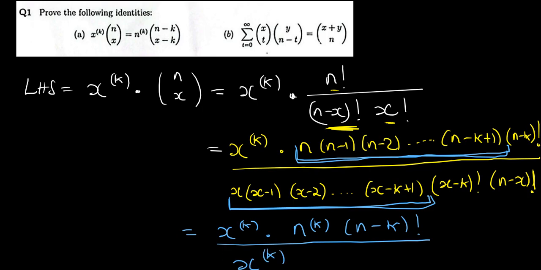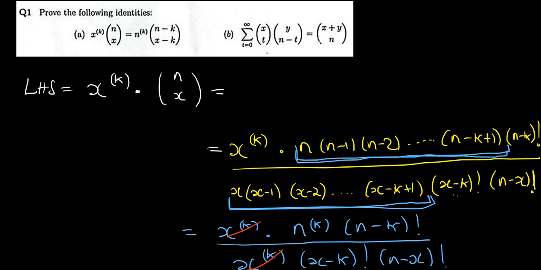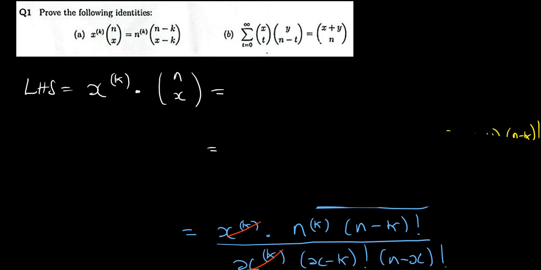And then we are left with this one, which is x minus k factorial, and then we have n minus x factorial. So what we see here is that this guy and this one are going to cancel out. So what we remain with will be this. So we erase the top part here. So what we are going to remain with will just be n k falling.